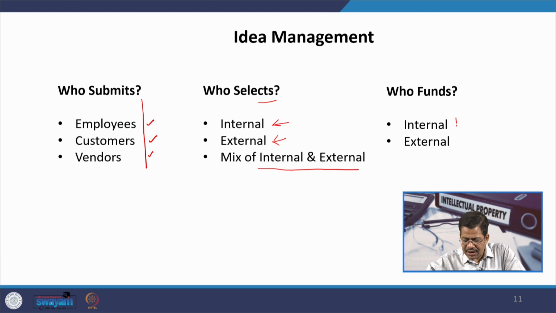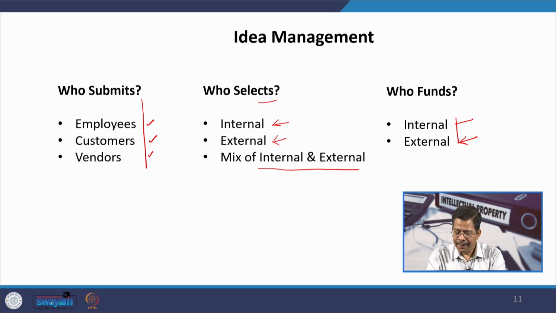How these ideas are funded: you have an idea, but converting that idea into IP requires a lot of experimentation, a lot of data collection, a lot of analysis. Now, for all that purpose, whether you are going to provide internal resources or you need to generate external resources.